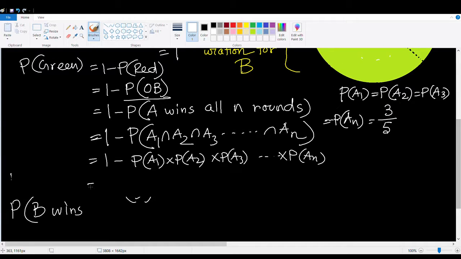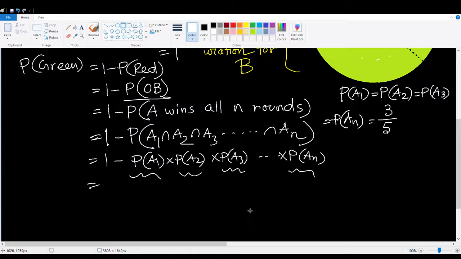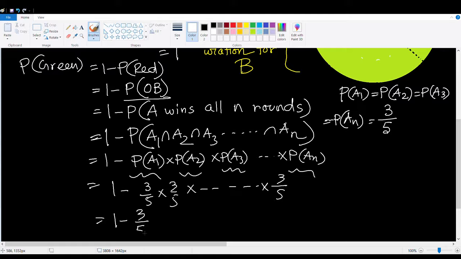All right, now since all these values are equal to 3 by 5, can you tell me how many 3 by 5s are going to be multiplied here? So 1 minus 3 by 5, 3 by 5, since there are n events, n 3 by 5s are going to be multiplied, so (3 by 5) to the power n.